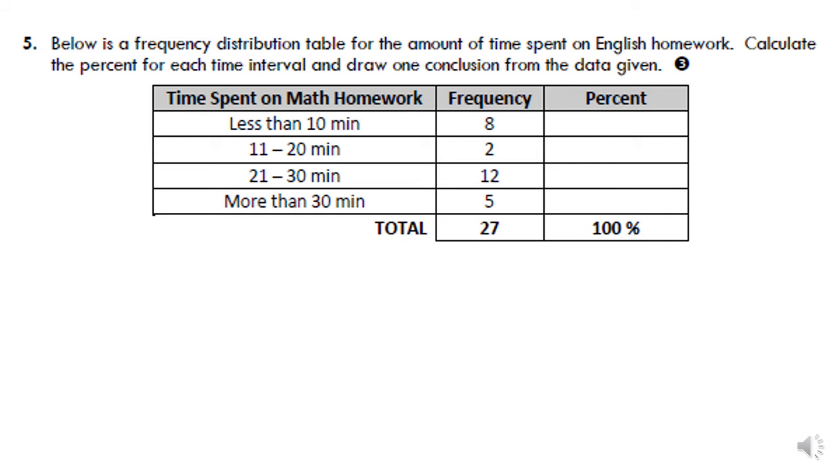And then the last question that we're going to do together, how to do this question, both for your assignment. You're going to notice the numbers don't match what was posted on D2L in the content section, just because I've cut out certain questions that we didn't cover. So below we have a frequency distribution table for the amount of time spent on English homework. We want to calculate the percent for each time interval and then draw one conclusion.